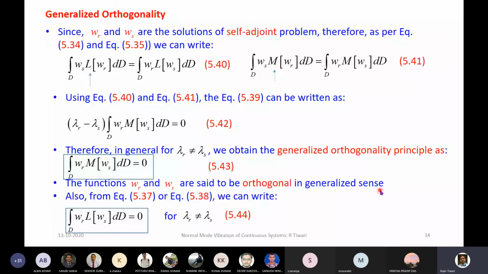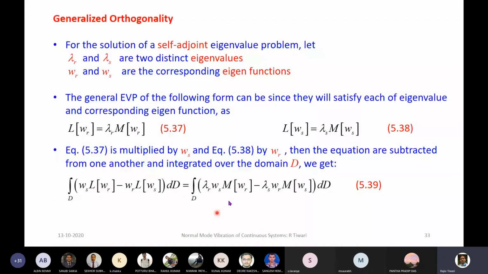Now, if we go back to the previous slide, because this is zero according to the orthogonality condition, that means here we'll have the same thing, zero.